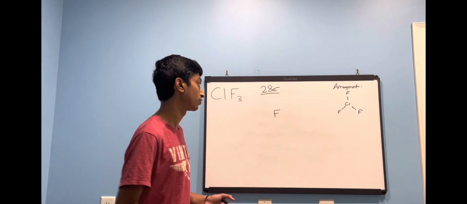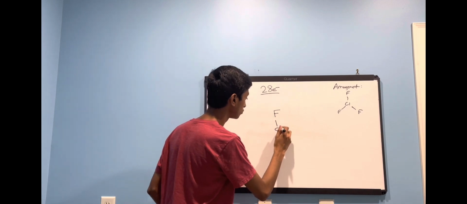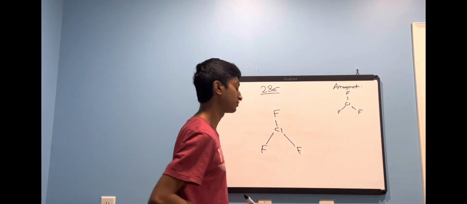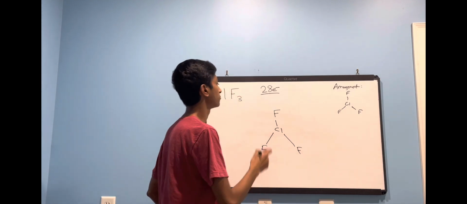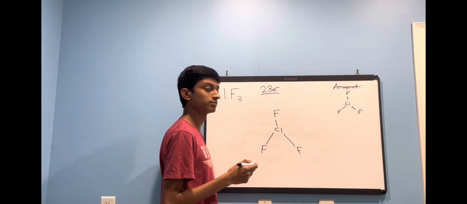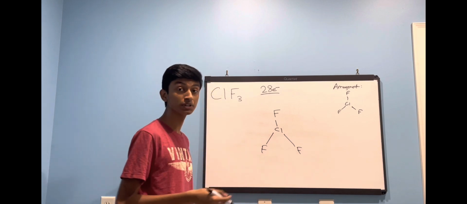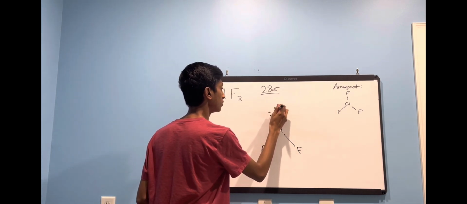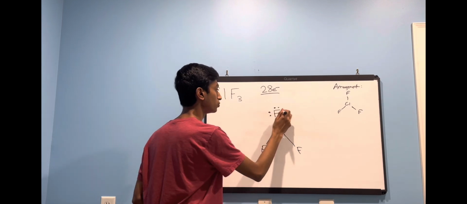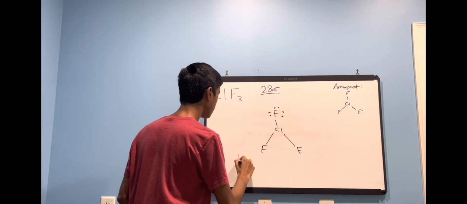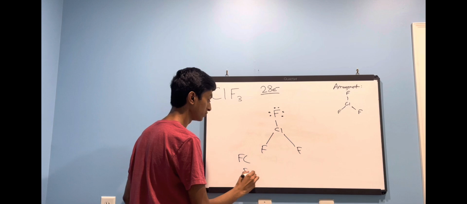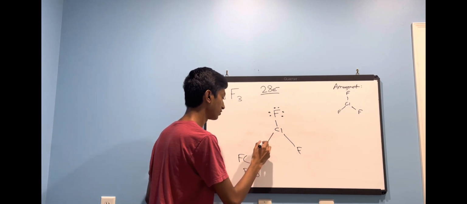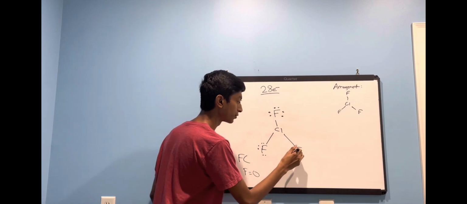Let's begin drawing: fluorine, chlorine, fluorine, and fluorine. A few seconds ago, we said fluorine's going to have 6 non-bonded electrons. That means 3 lone pairs: 1, 2, 3. So fluorine's formal charge will equal 0, and that will be the same for all of the fluorines.